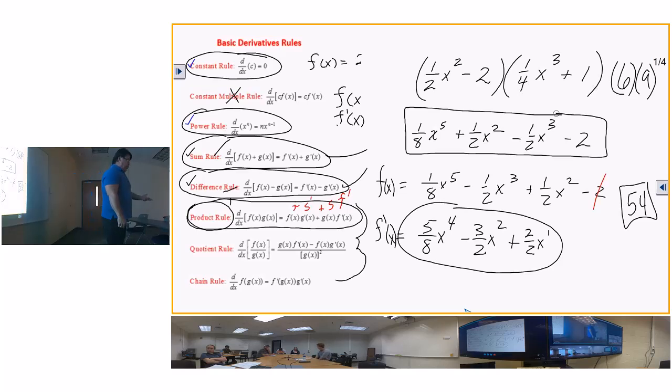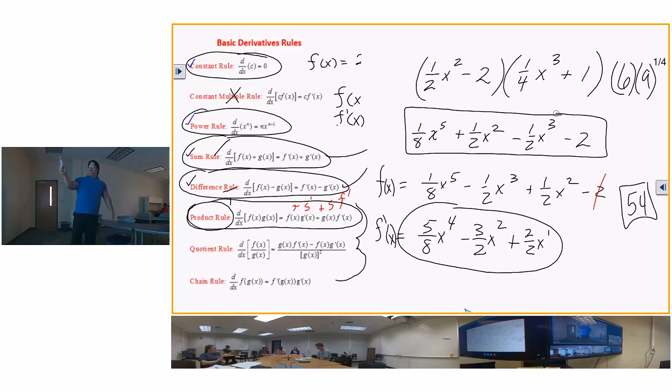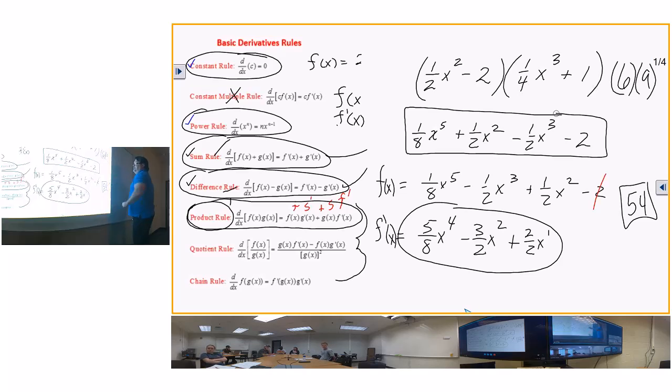If you took your second derivative, and got 20 over 8 x to the 3rd minus 6 over 2x plus 1, that would give you your inflection points, which we're going to get to later. Okay? All right, so everybody good with this explanation?